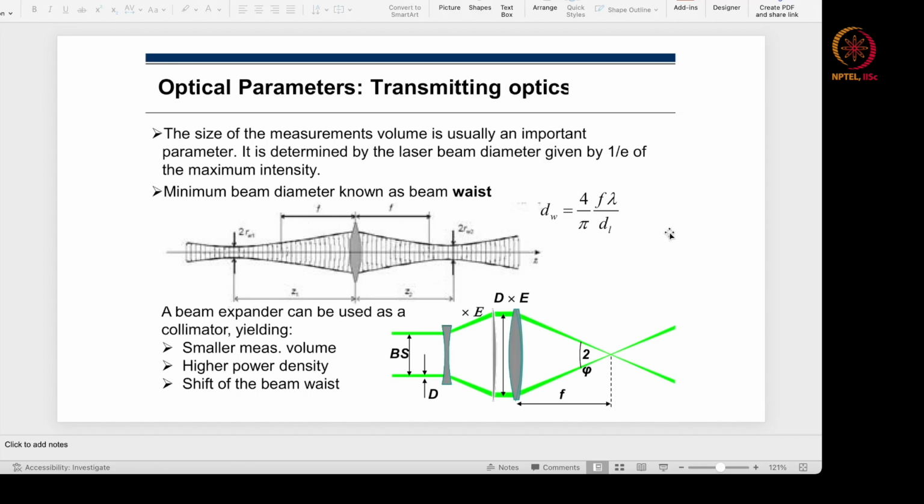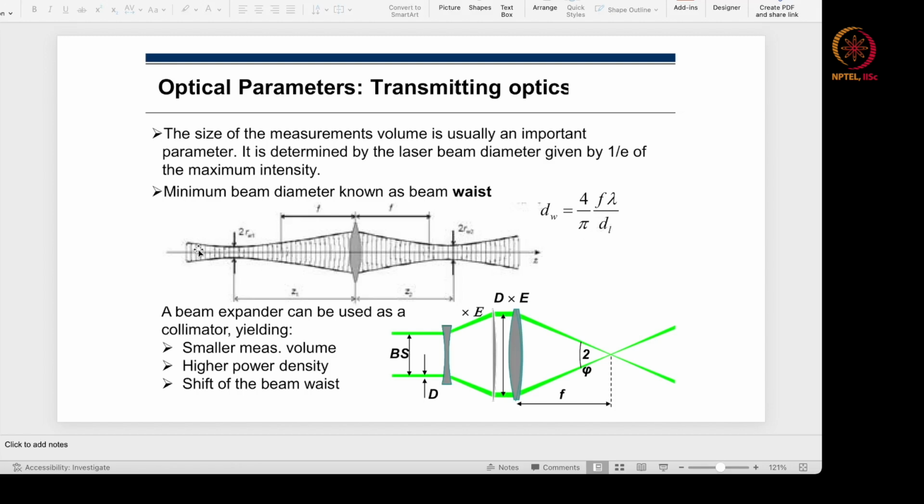So if you look at the second beam diameter, this is DW2, and this is DW1. So DW2 is given as 4 by pi, f into lambda, where f is the focal length and lambda is the wavelength, divided by DW1. So what you can see is that DW1 is in the denominator.